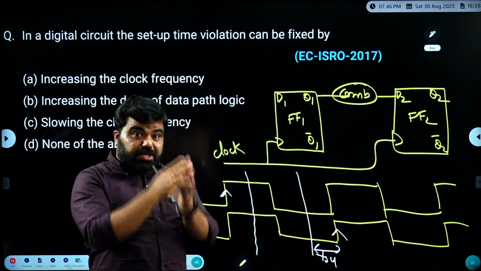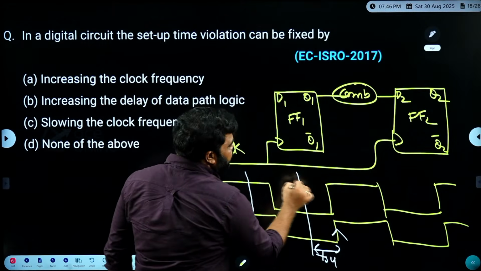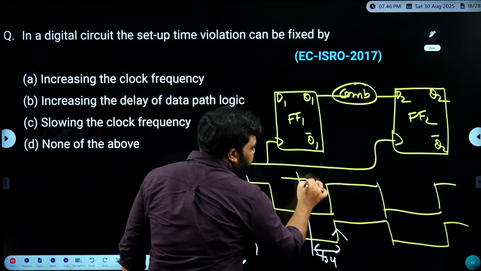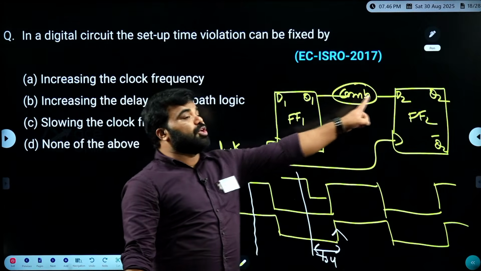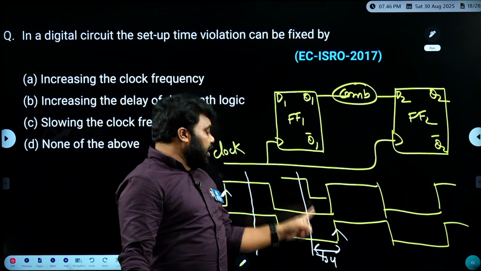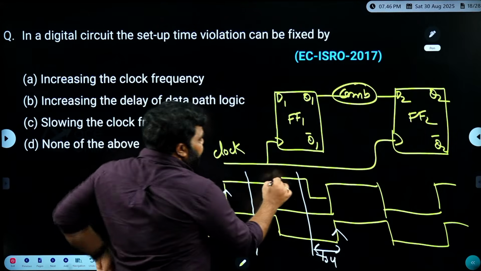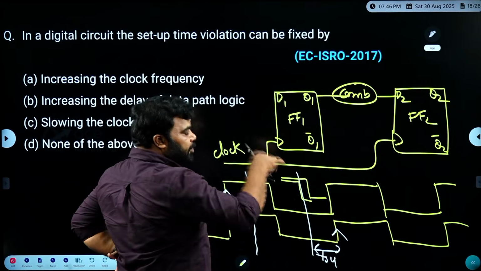If the input is changing from 1 to 0, that 0 is expected to be captured, but it will not be captured because it is violating setup.